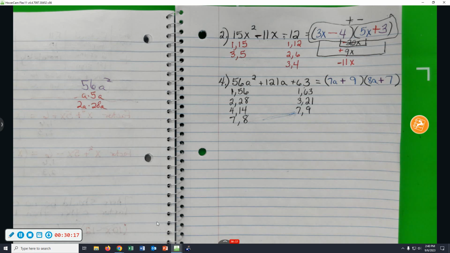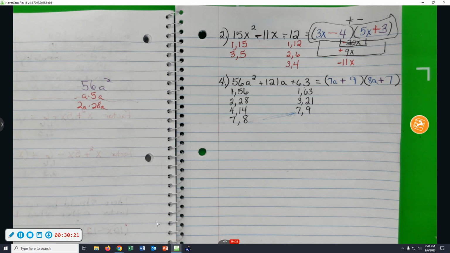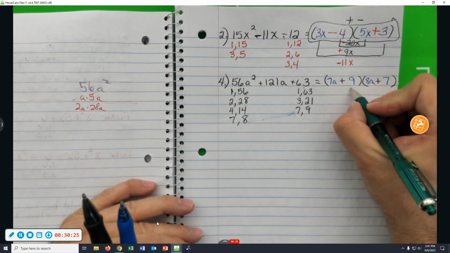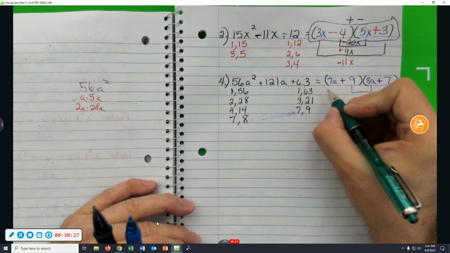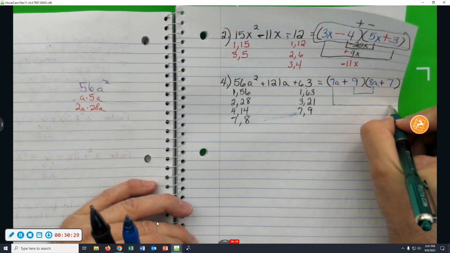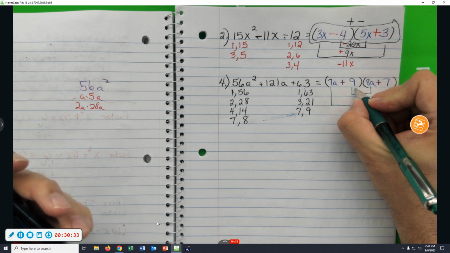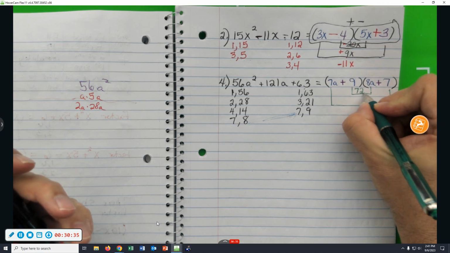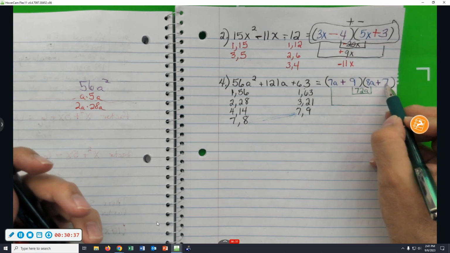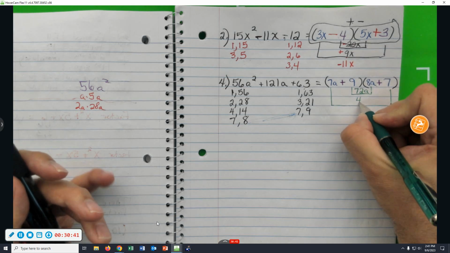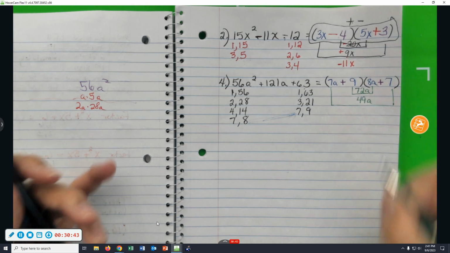Now, how do I decide if this is the right answer or not? Are we going to get the 121? You look at the inner and the outer. Is this going to do it or not? That is 72a, and what's this other one? I think you're just getting lucky again. 49a?